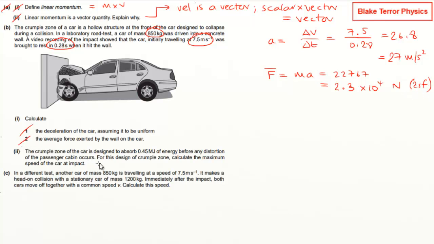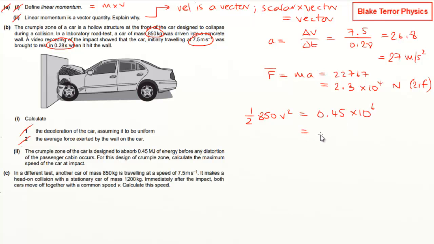The crumple zone of the car is designed to absorb 0.45 megajoules of energy before any distortion of the passenger cabin occurs. For this design of crumple zone, calculate the maximum speed of the car. So this is all going to be the kinetic energy. We can have a half times 850 times v squared equal to, this is the most it can absorb, 0.45 times 10 to the 6.